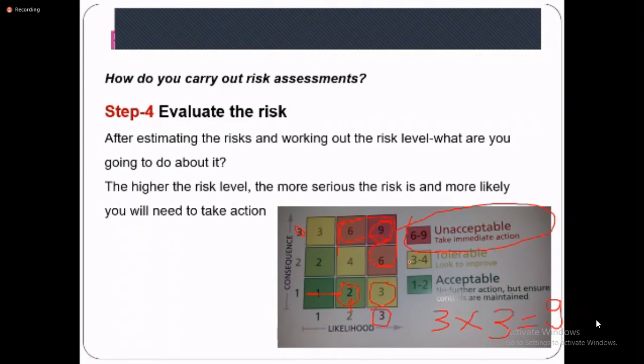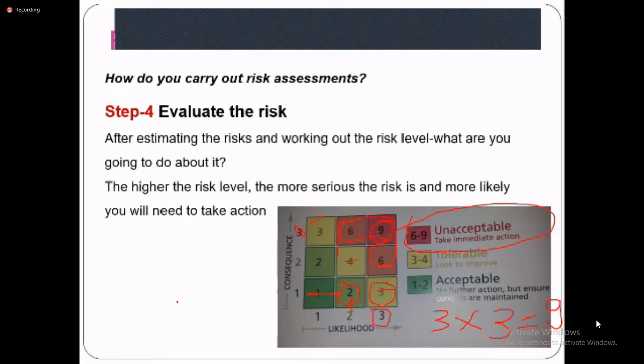Right, 3 to 4 is the yellow area, tolerable, look to improve. 1 to 2 is the green area, it is acceptable. You don't have to take actions for that, but you have to give priority to this one, and second priority to this level. This is how evaluating the risk comes.